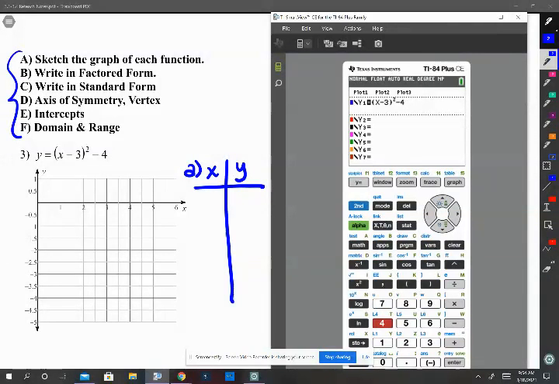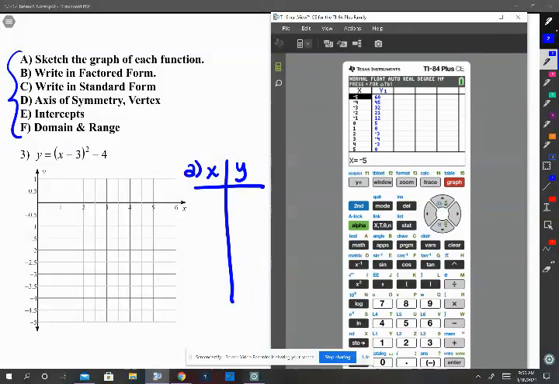So from here, same idea. The first thing I want you to do is push second graph, and you're going to pick the points that we are going to use. Remember, as I look at my grid, it looks like my smallest x value is a 0 and my smallest y value is a -5.